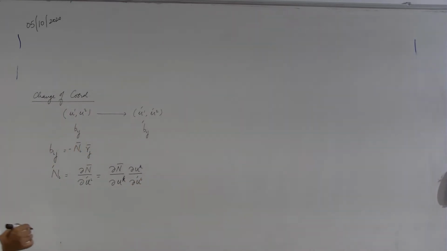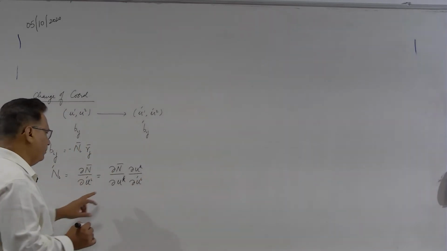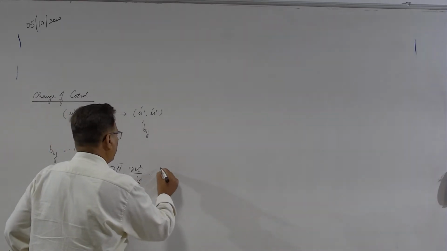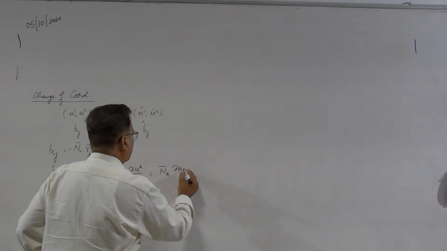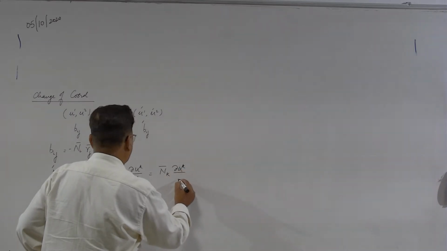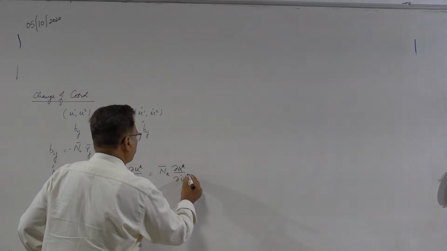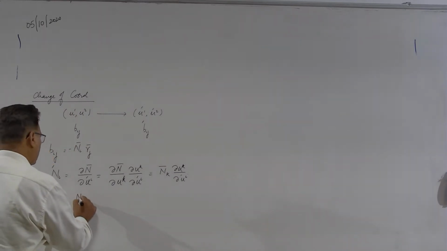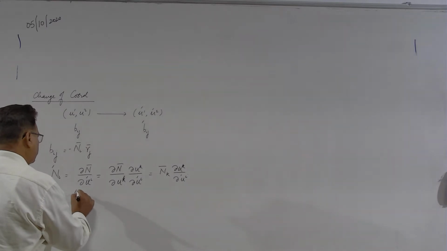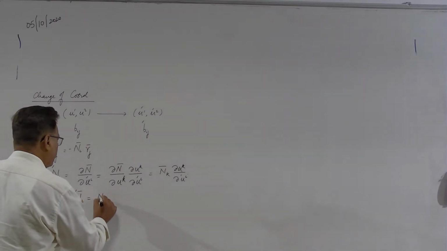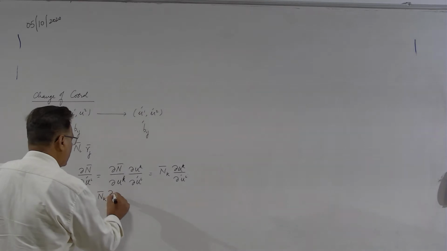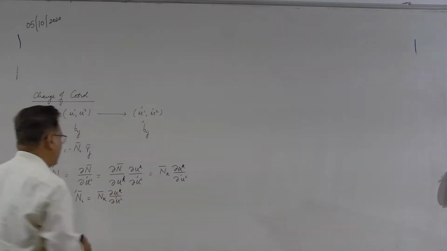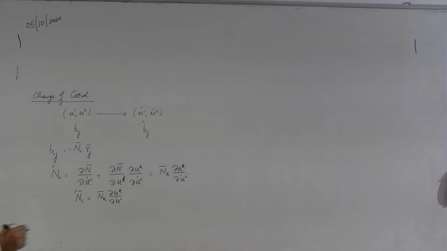By chain rule you can write like this: del n upon del u_k is n_k, into del u_k over del u_i dash. So n dash i is n_k into del u_k over del u_i dash, where k is a dummy index over here.